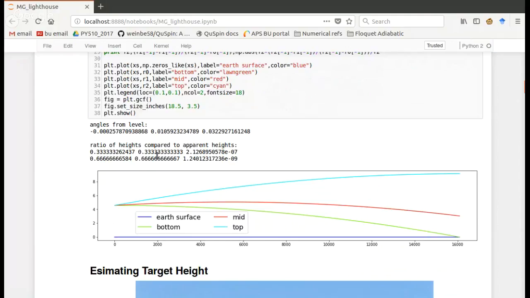So these are the actual ratios, 0.6666 and 0.3333. And then here are the ratios coming from the light, the ratio in the image. And you see it's negligible. It's 10 to the -7 and 10 to the -9. It's as negligible as you could possibly imagine.